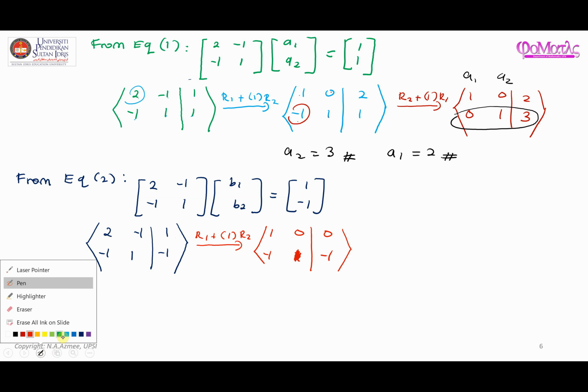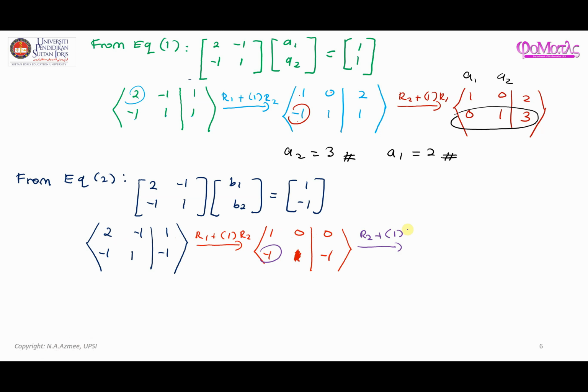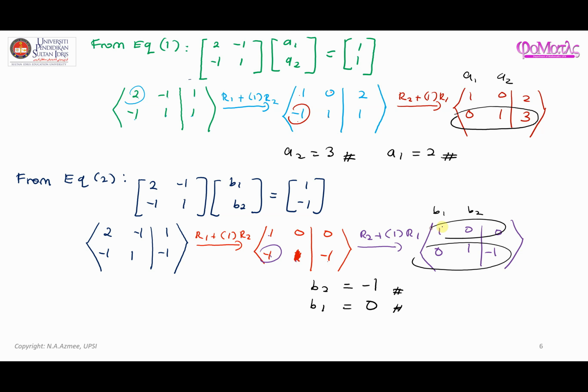Next, I can turn this value to be 0, so R2 plus 1 R1, giving 1, 0, 0 and 0, 1, negative 1. Well, based on this simplified form of the augmented matrix, here is b1 and b2, so the value of b2 is negative 1 and the value of b1 is 0. We can get the answer straight away from these two equations here, okay.